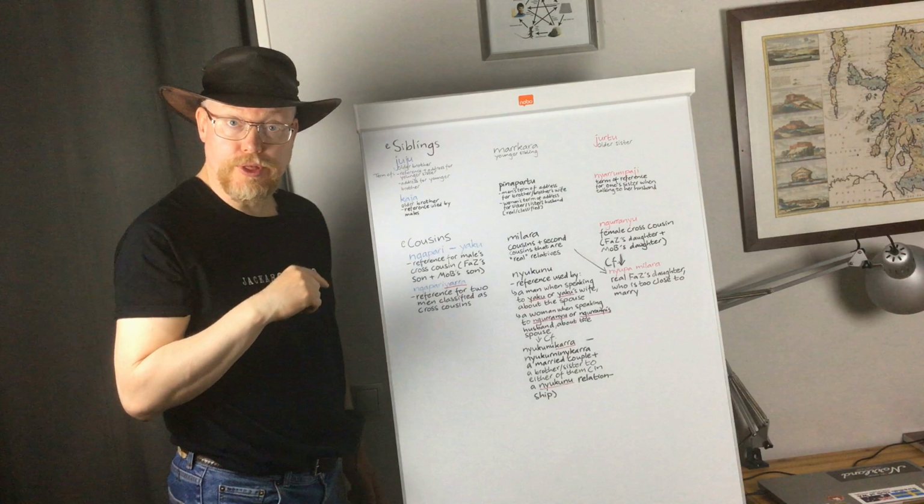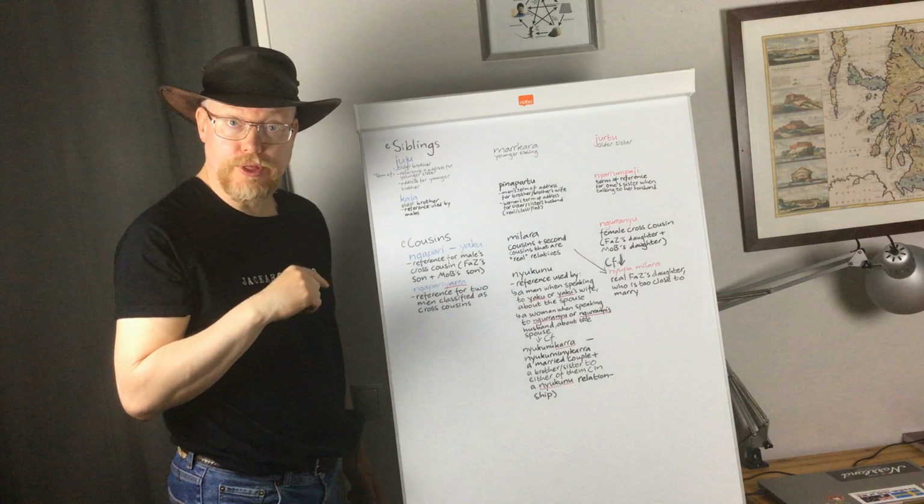So father's sister's children and mother's brother's children. So we have two terms here, Ngabari and Yagu, which mean the same thing. They are both terms of reference for a male's cross cousin. Actually, that should probably be a male cross cousin.